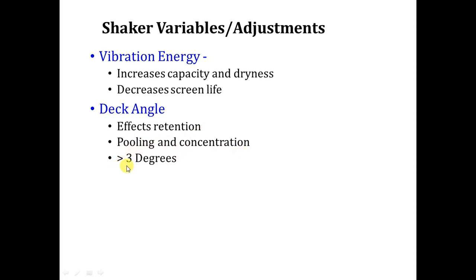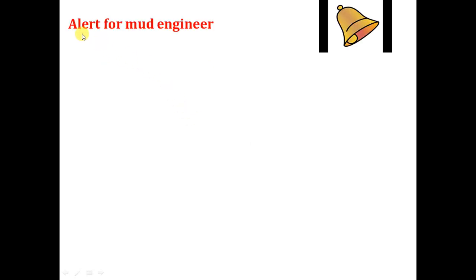So the deck angle has to be no more than 3 degrees. Take care of this, because these are the most controlling parameters for the shakers. Number one is the vibration energy. Number two is the deck angle.